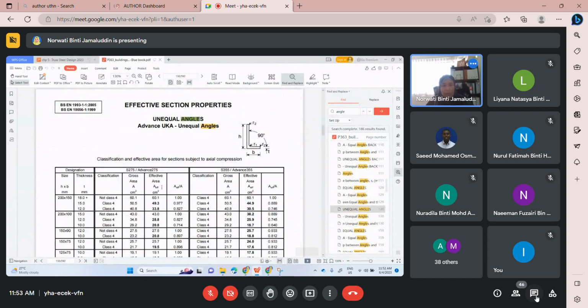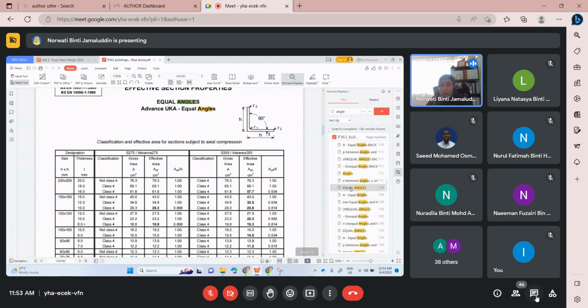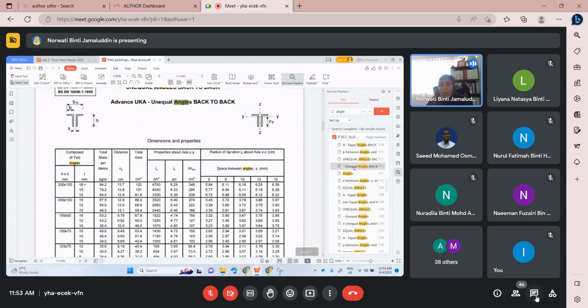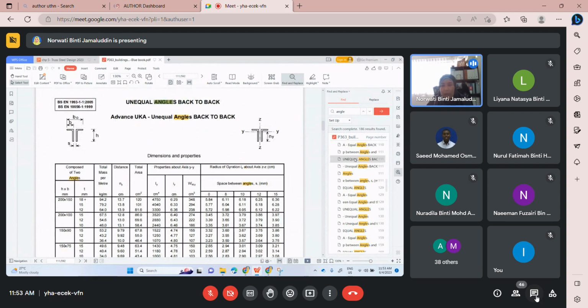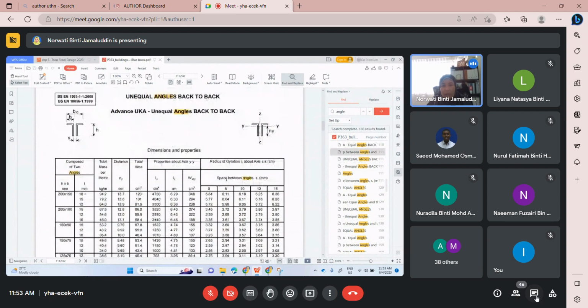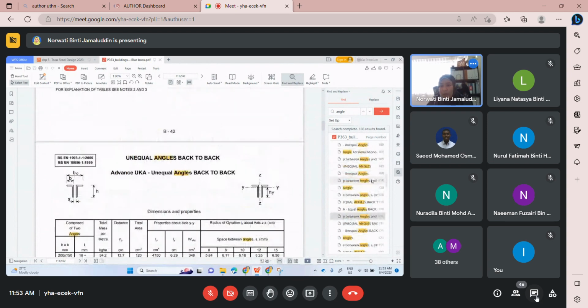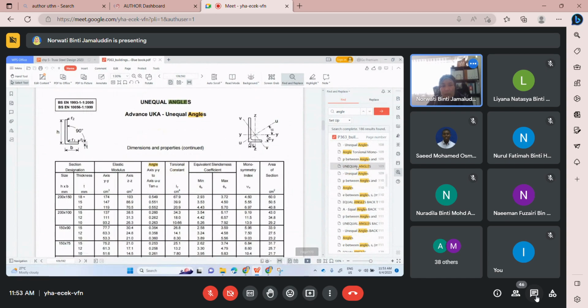This one is unequal angle. Sorry, tak nak. I do not want that table. I want dimension and properties table. This one. Okay, this one using double angle back to back. No, I want to use single angle. Okay, let's see. Single angle. Okay, unequal single angle.